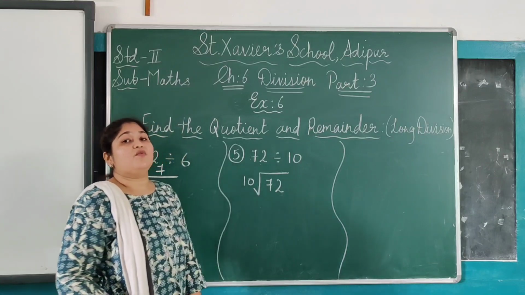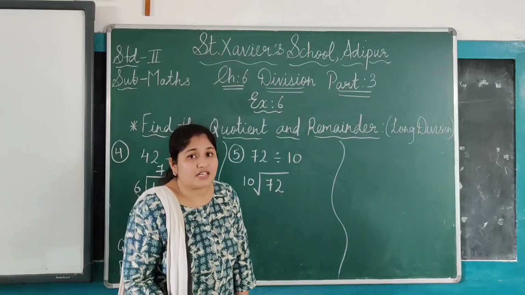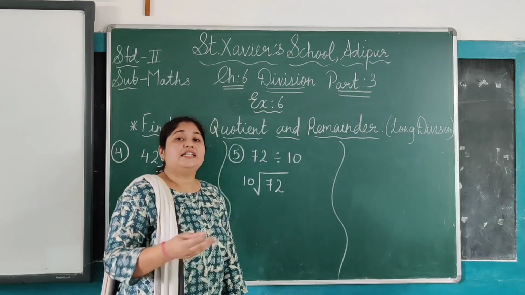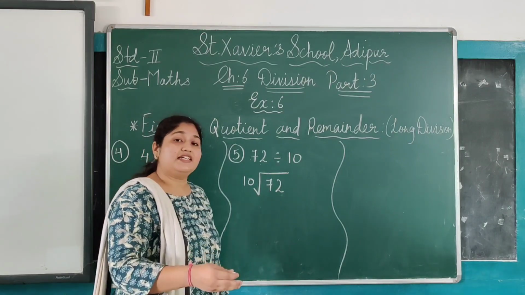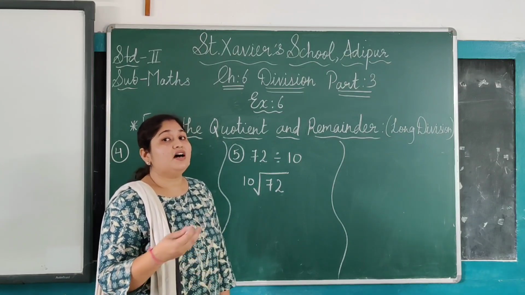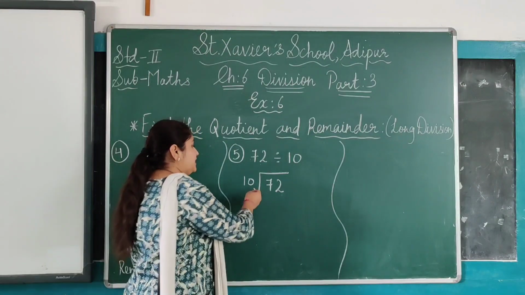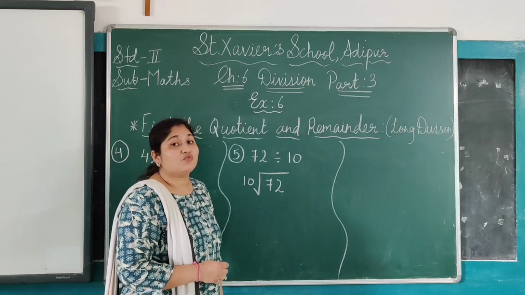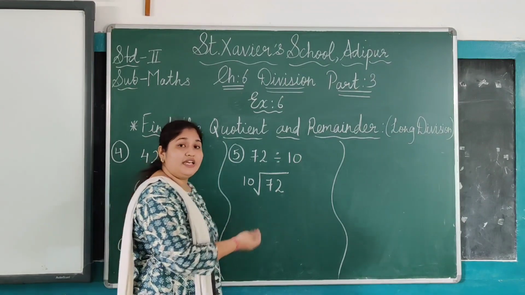Let's see. 10 ones are 10, 10 twos are 20, 10 threes are 30, 10 fours are 40, 10 fives are 50, 10 sixes are 60, 10 sevens are 70, 10 eights are 80, 10 nines are 90, और 10 tens are 100. So हमने 10 का टेबल याद किया. अब 10 के टेबल में 72 तो नहीं आता है, उससे बड़ा नंबर आता है. Which number comes? 80. 8 times आता है 80.